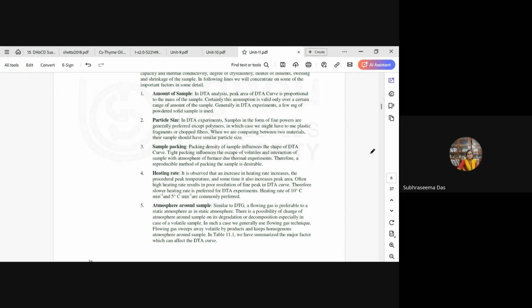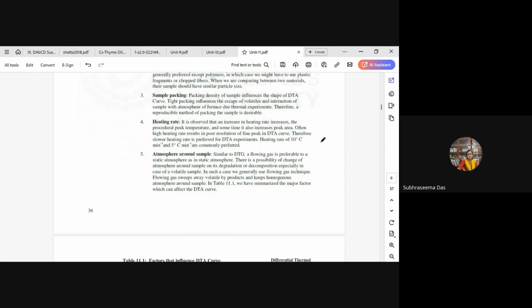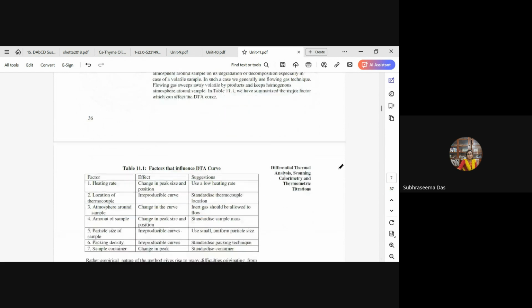So in most of the cases, we prefer to keep it as small as possible, mostly in the range of 3 to 5 degrees per minute. The atmosphere around the sample, whether nitrogen or oxygen, has a great role to play in determining the DTA curves, and simultaneously it influences the nature of the endotherms.